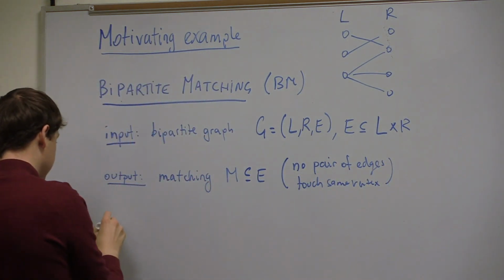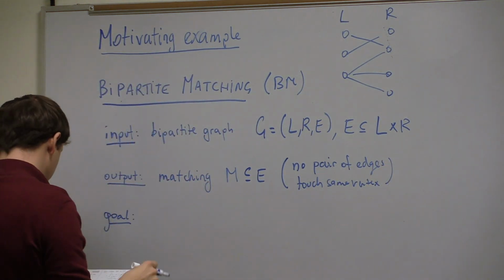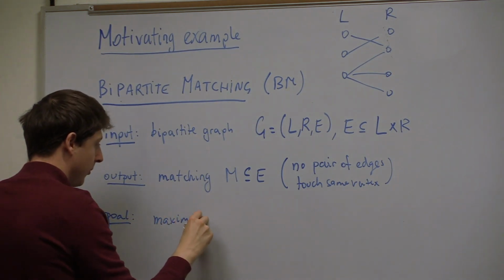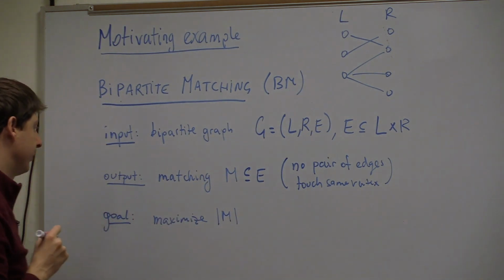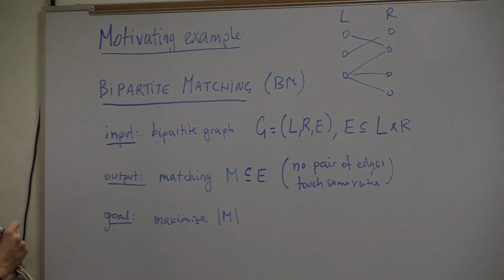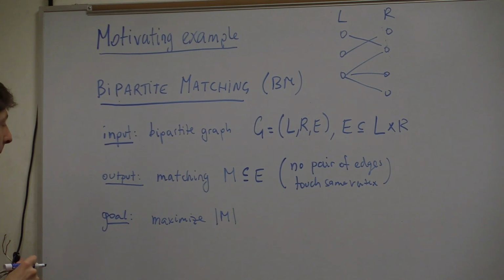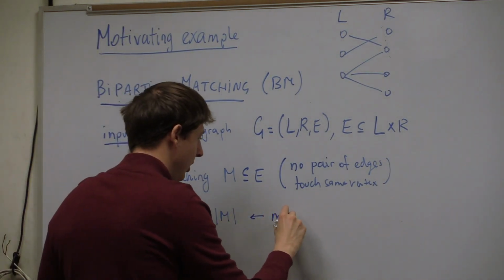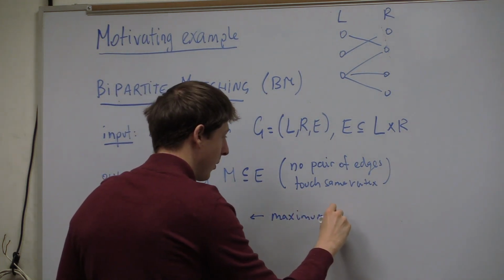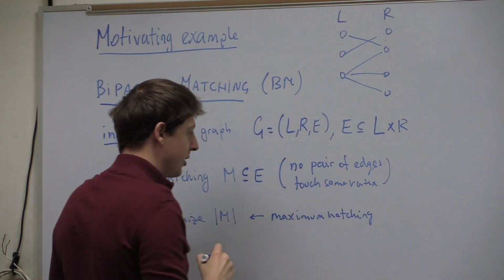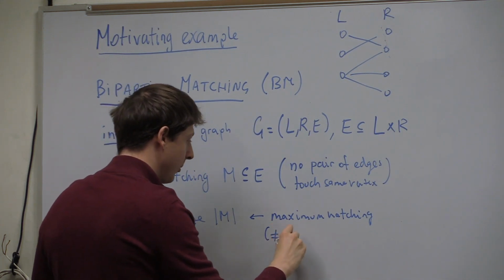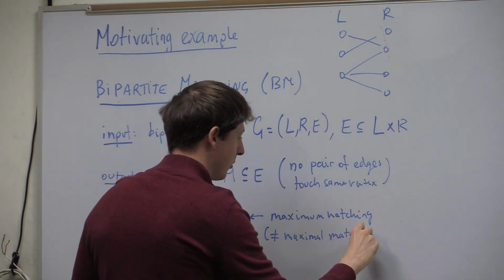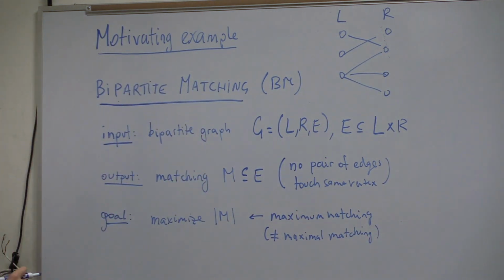And the goal is we want to maximize the size of the matching, the number of edges in the matching. Okay? So I should also say this is called the maximum matching, the absolute largest matching. This is distinct from a maximal matching, which is when you have a matching that cannot be extended further.